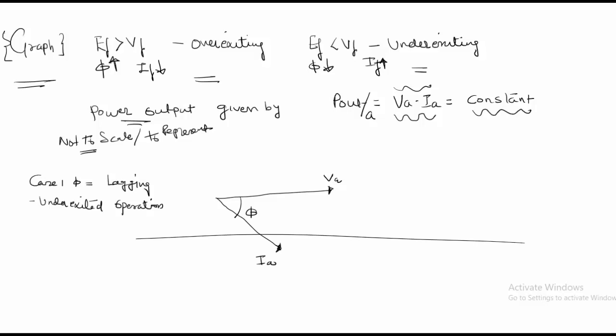and if this is your O, then whatever is my voltage generated, which is given by Eg plus Ia into Xs times j, this gives what is my Eg, and the line on which it lies is my power line.